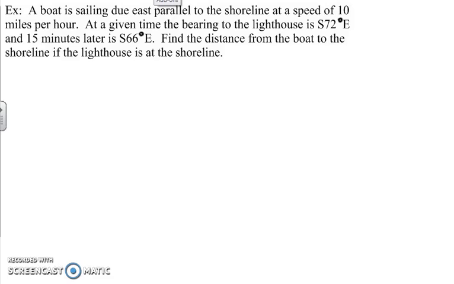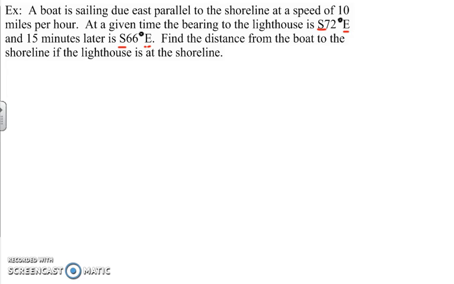Okay, back here. A boat is traveling due east, parallel to the shoreline, at a speed of 10 miles per hour. At a given time, the bearing to the lighthouse is south 72 degrees east, and 15 minutes later, it's south 66 degrees east. Now I'm thinking, both of these are in the southeast direction.